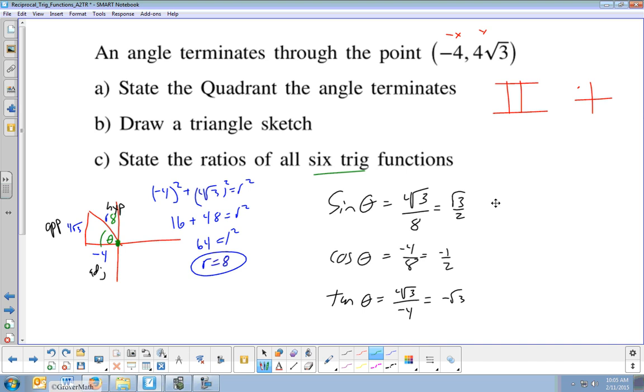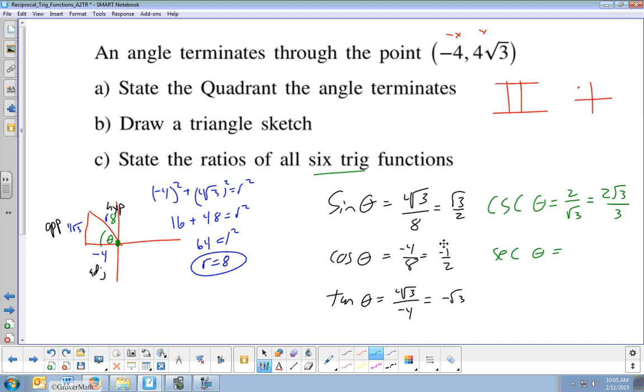So the reciprocal of sine is cosecant. So csc theta is simply sine upside down. So that would be 2 over √3, which I'm going to rationalize to be 2√3 over 3. And we can't have a radical on the bottom down here. Secant theta is the reciprocal of cosine.